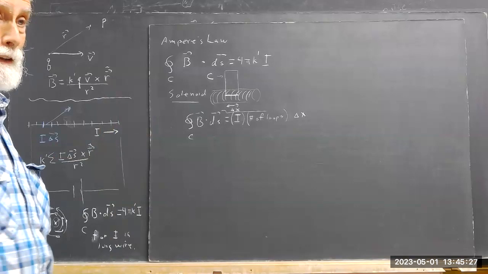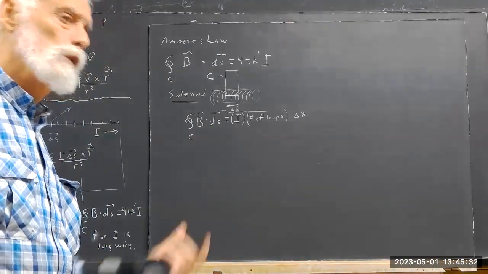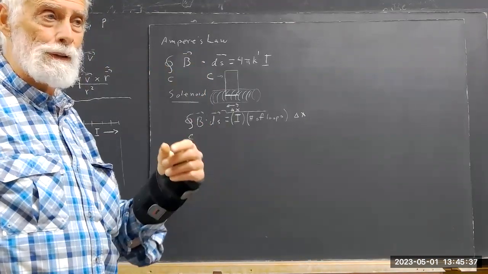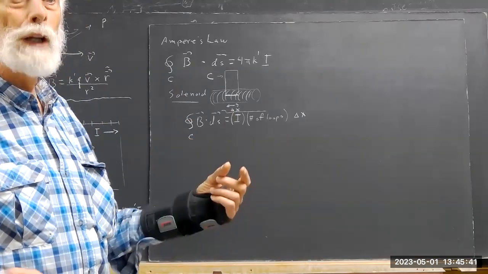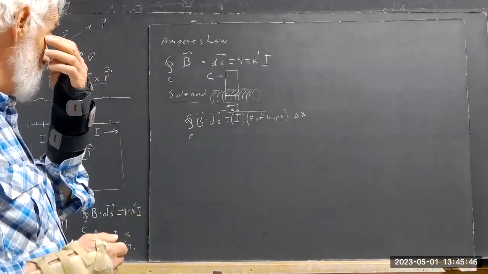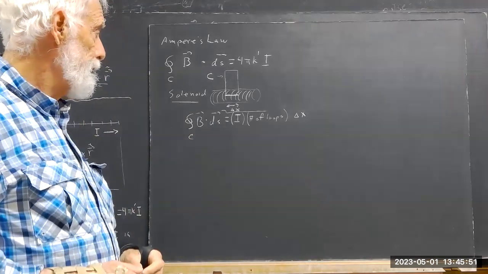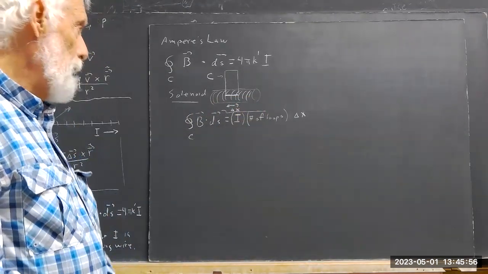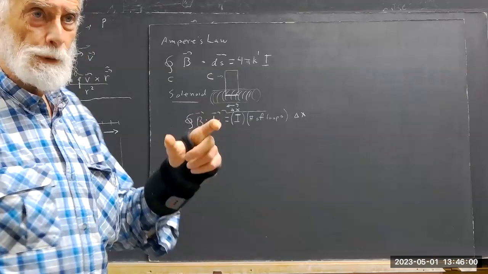Well, got a solenoid. I estimate you've got 20 loops per second. Okay. So that would be 2,000 loops per minute. Length of the thing is about 5 centimeters.